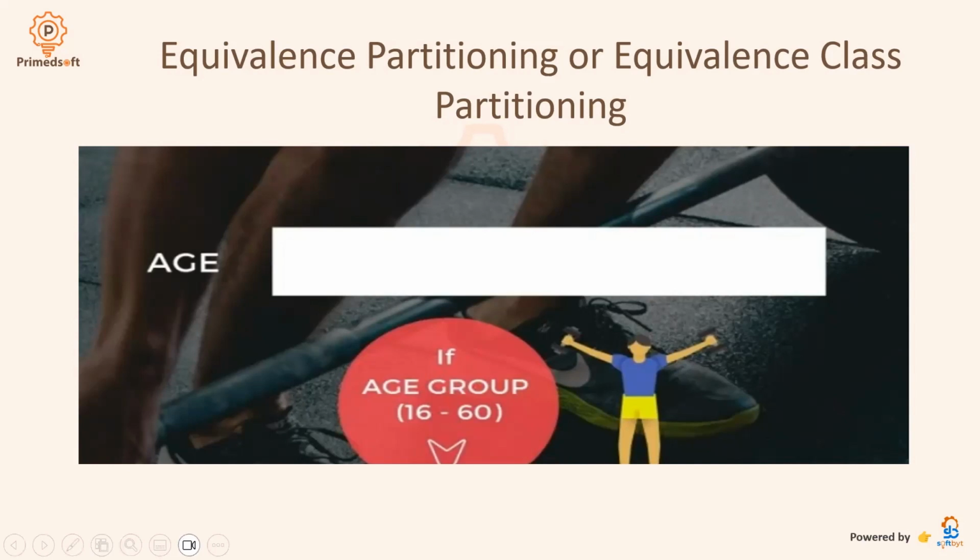So now I will ask you that question. If you put 15.5, that means that person is 15 years and 6 months. Do you think this system will take it?